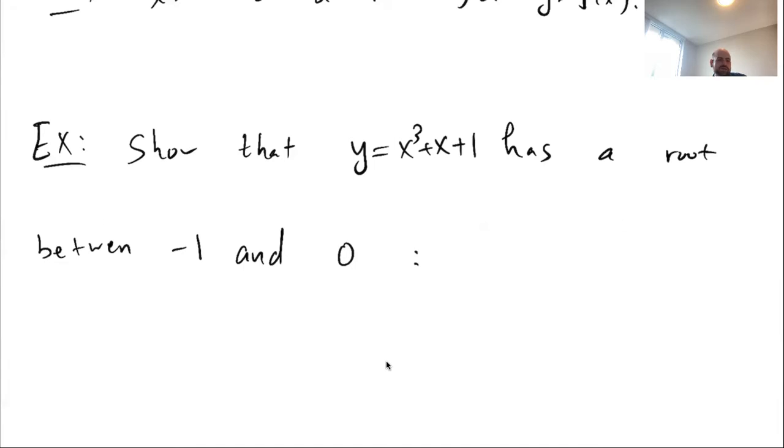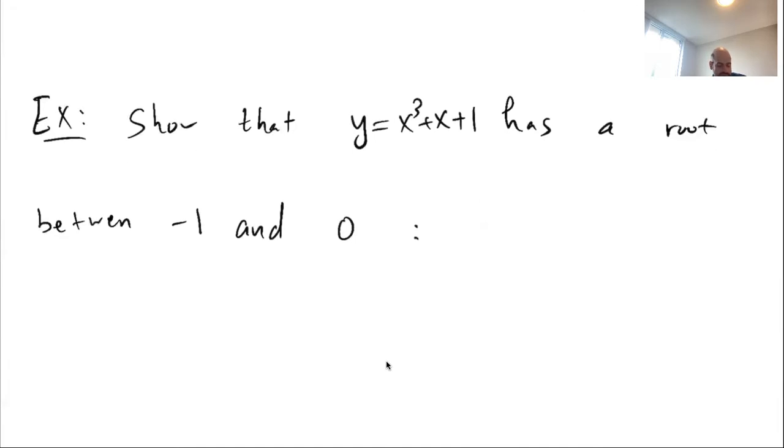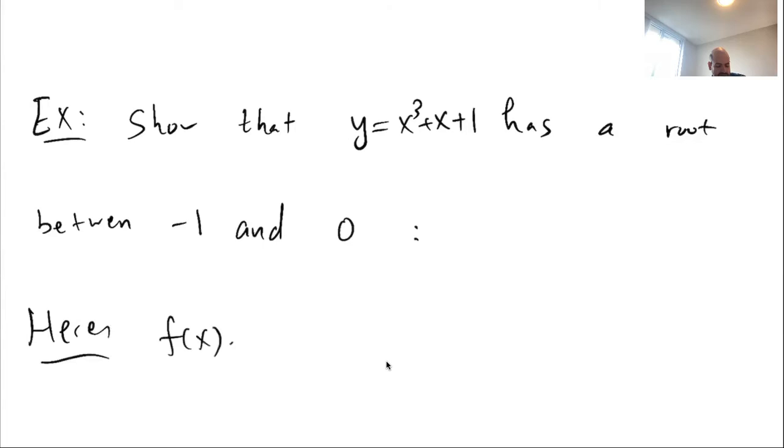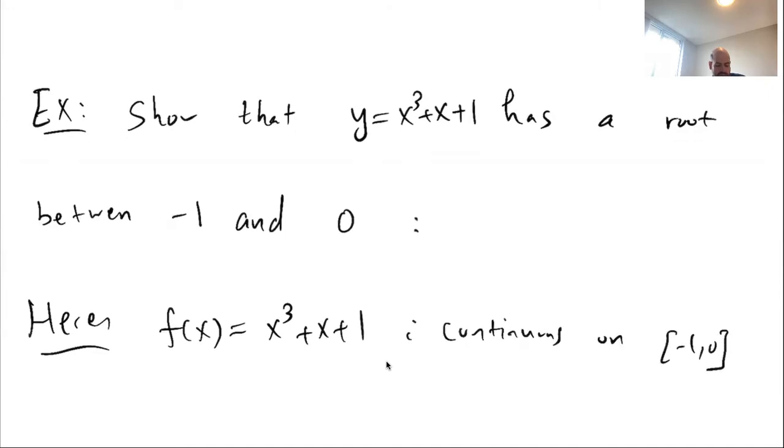So what is our function here? Here, f of x is equal to x cubed plus x plus 1, which is continuous on minus 1 to 0, right?